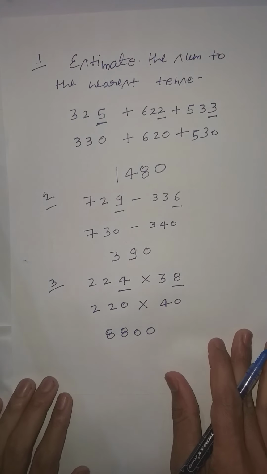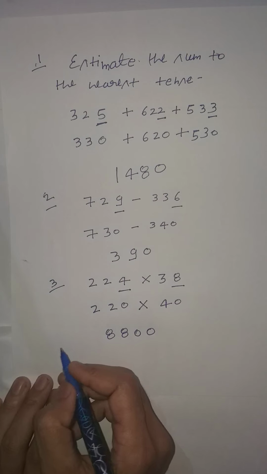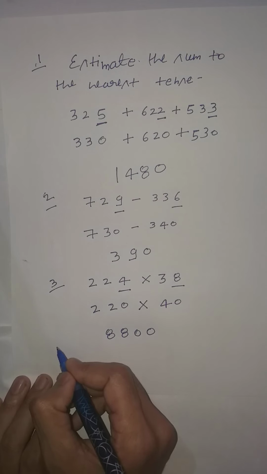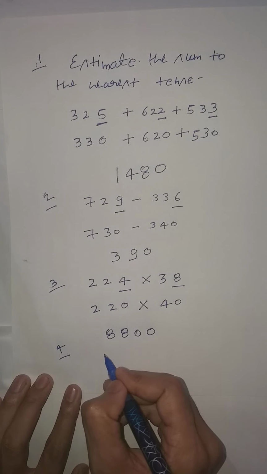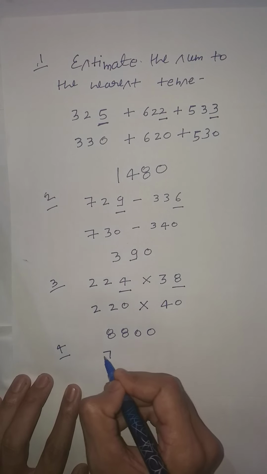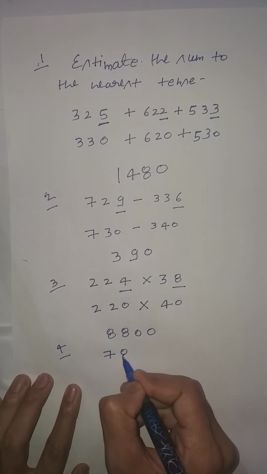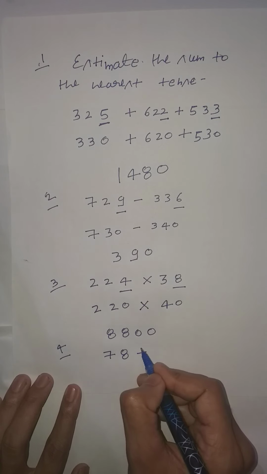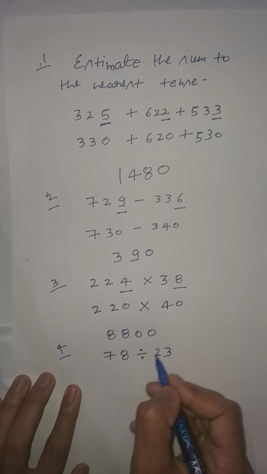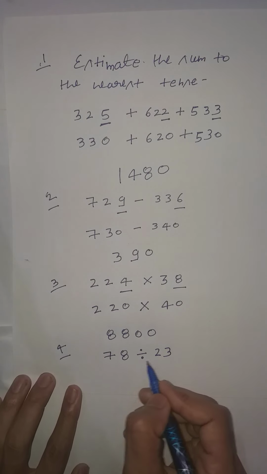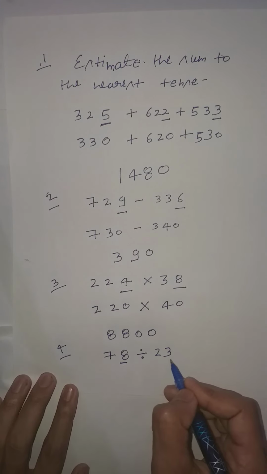Now you can also apply it in division. So this is our fourth example. In division what you will do, if here is 78 and you have to divide it by 23. So to the nearest 10 what you will see, the ones digits, here 8, here 3.